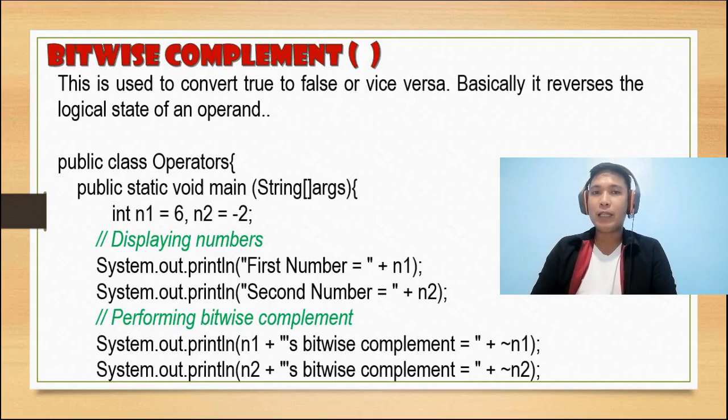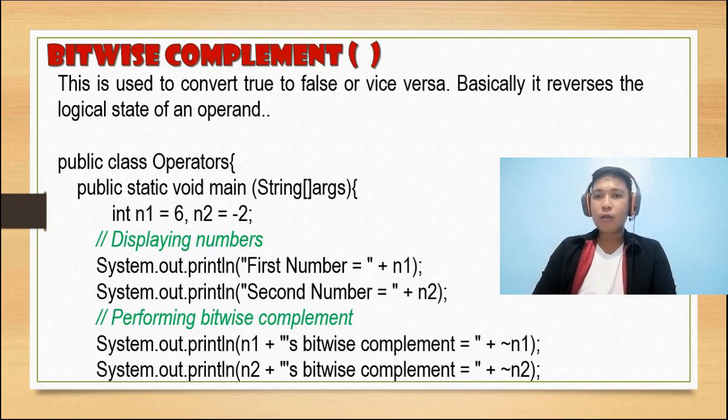From this example, we have int n1 is equals to 6 and n2 is equals to negative 2. If we display the values of these variables, we have n1 is 6 and n2 is negative 2.